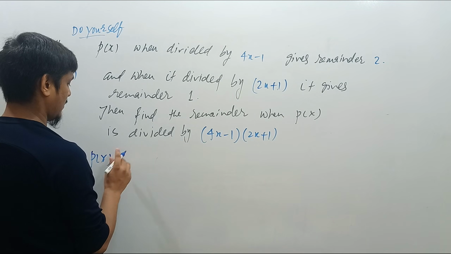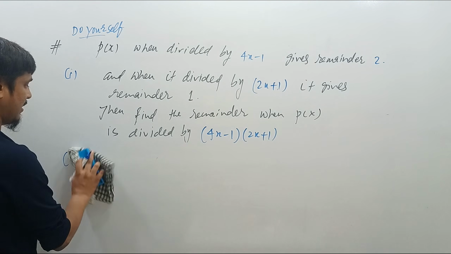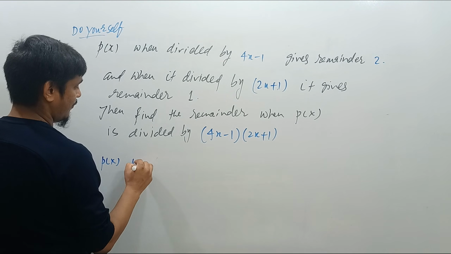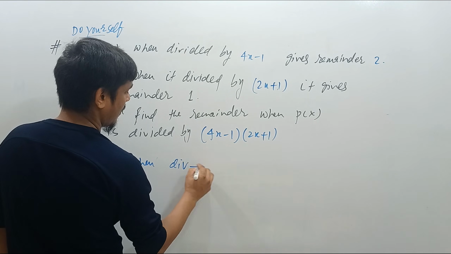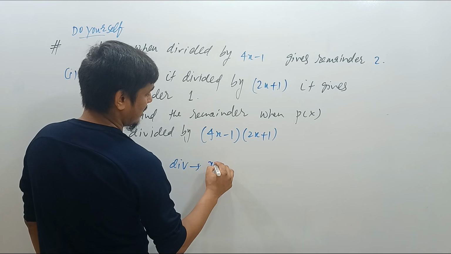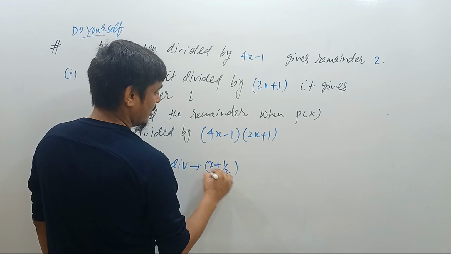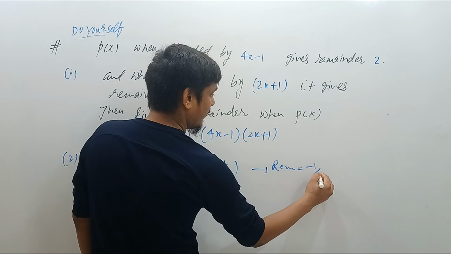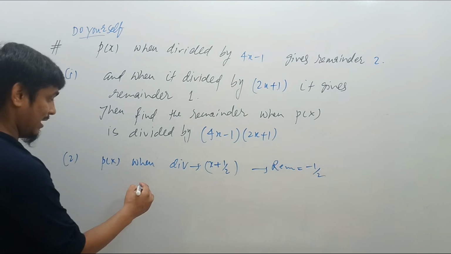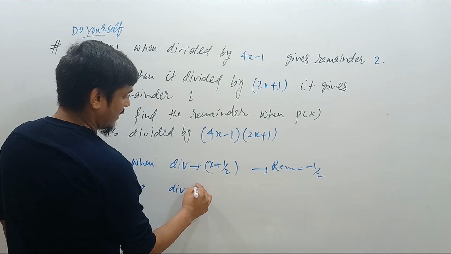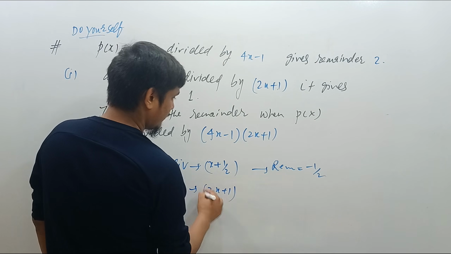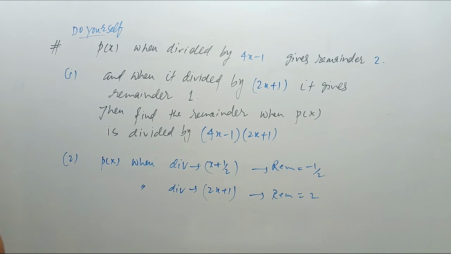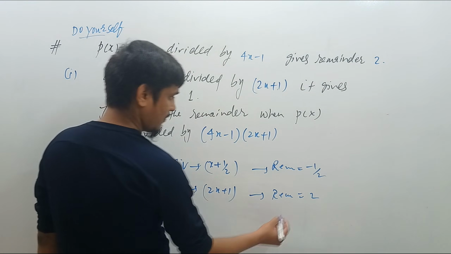p(x), the same problem. When p(x) is divided by x plus 1 by 2, it gives remainder minus 1 by 2, and when divided by 2x plus 1 it gives remainder minus 2.